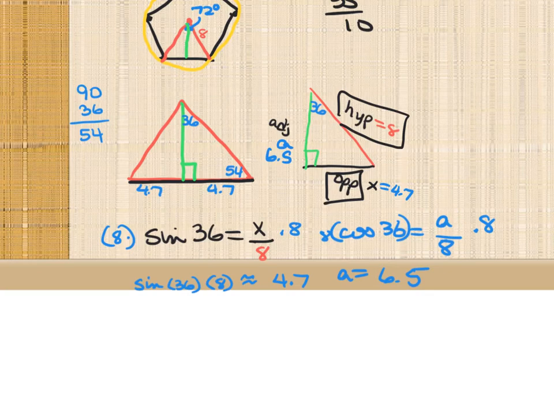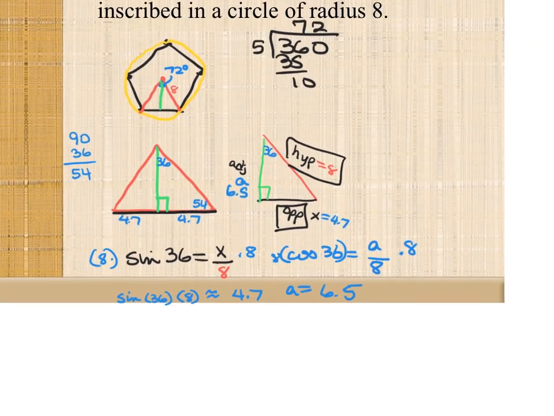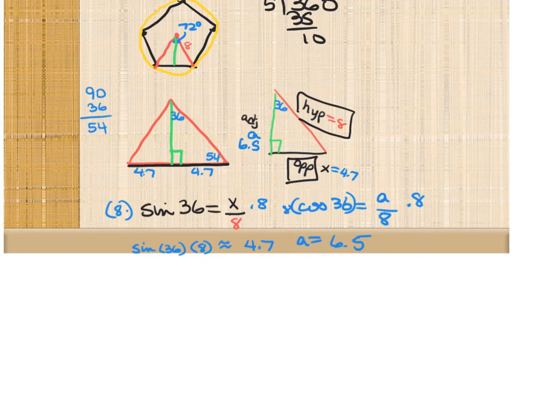Now that I know all of the values, let's go ahead and write down what we know. Okay, so n, number of sides, is going to be 5. My side length, remember I'm going to add 4.7 plus 4.7, or times it by 2, and I get 9.4.